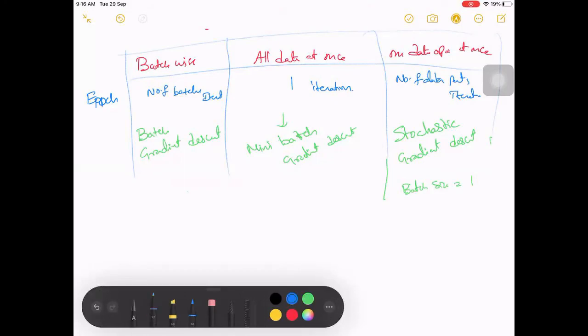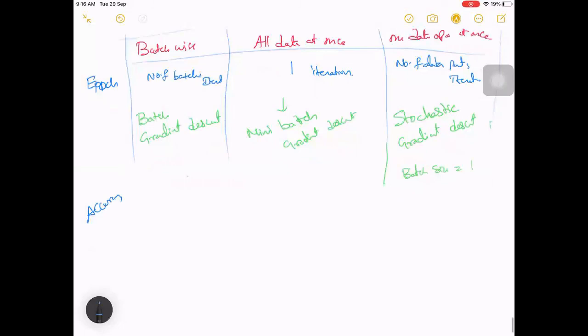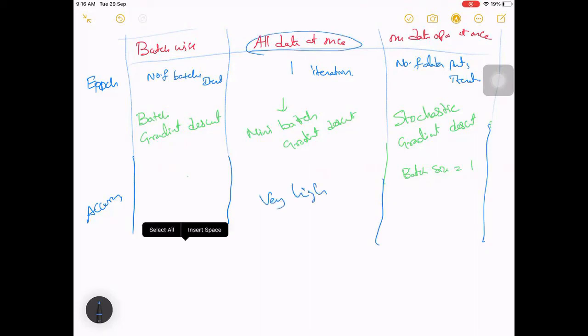Your accuracy or other performance will be better when you send all data points at a time. So if you send all data points at once, your accuracy will be very high. But this is not possible, so we split it into lower batch sizes.